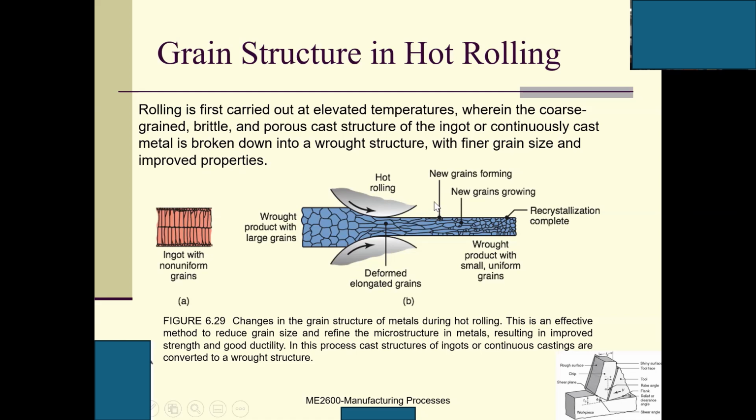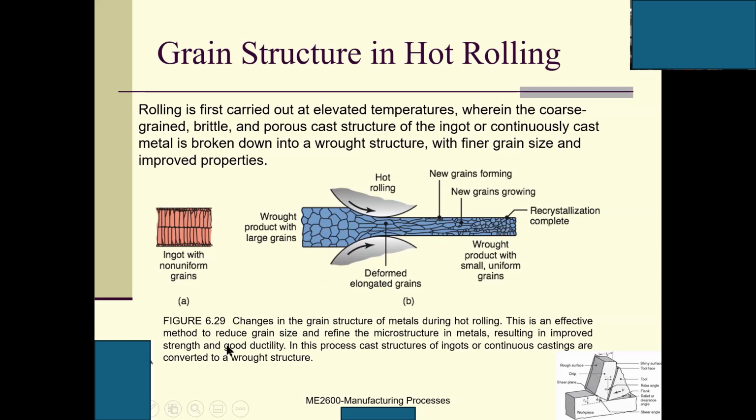So this is hot rolling. Hot rolling usually needs more expensive equipment. It is an effective way to reduce grain size. This is the original grain size, and this is the final grain size.